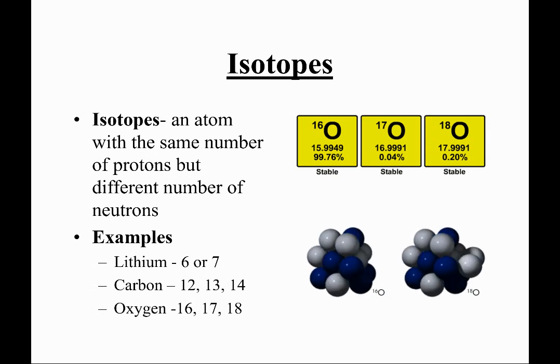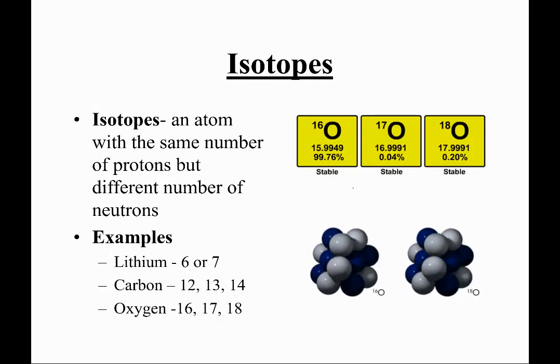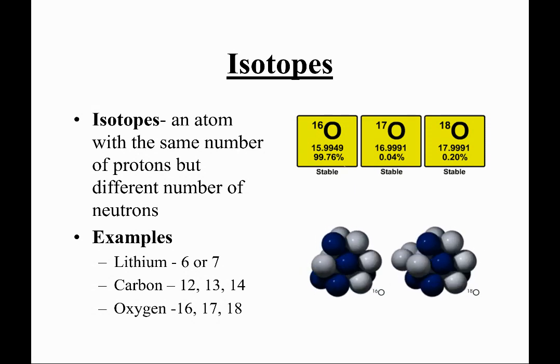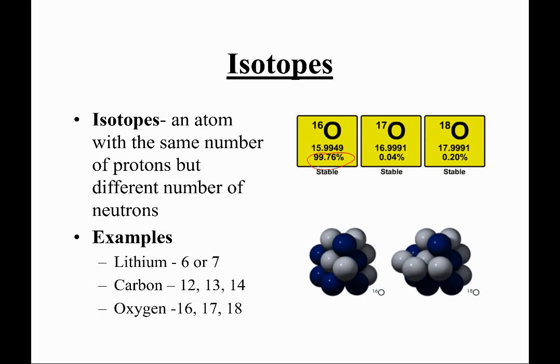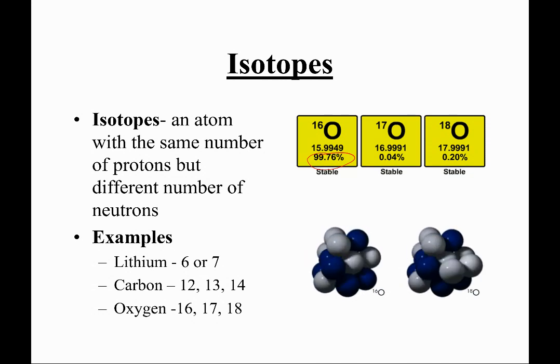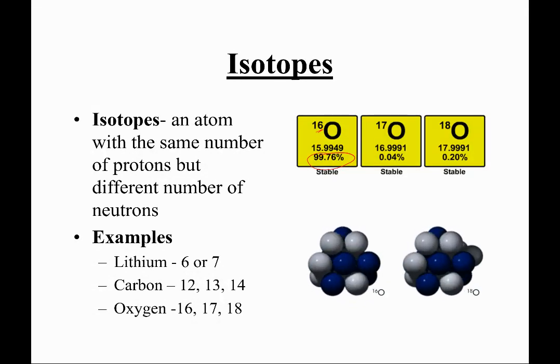And for oxygen, there are these different stable isotopes that happen to have different numbers of neutrons. The most common one, which makes up 99.76% of oxygen atoms, so most of them, has the mass number of 16.